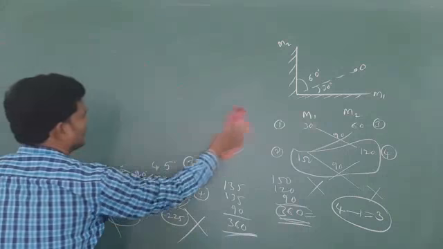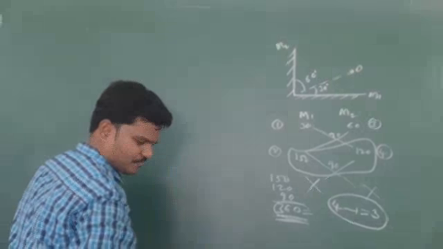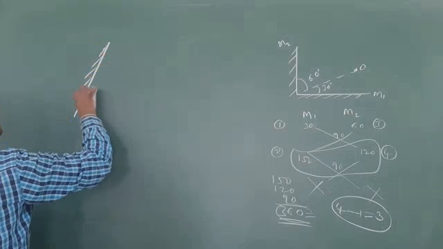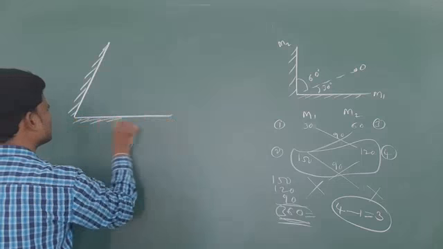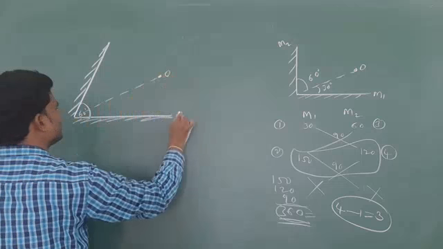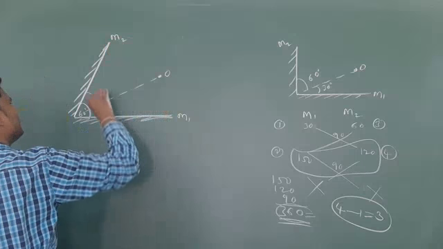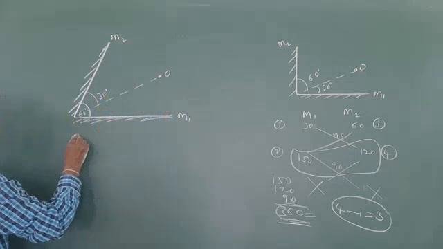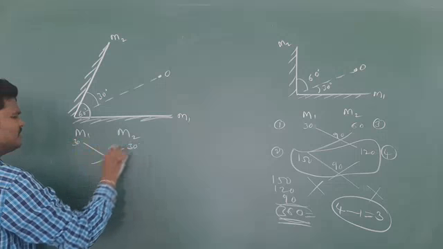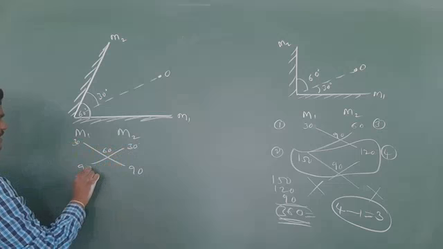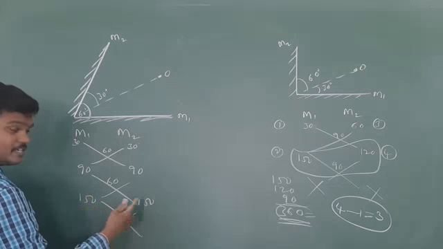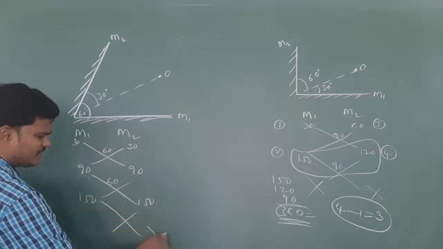See, I will give you one more question, you try this one. Take it as 60 degrees. Now you place symmetric, do it fast. So M1, M2, 30, 60, 90, 120, 150, next value is greater than 180, leave it.